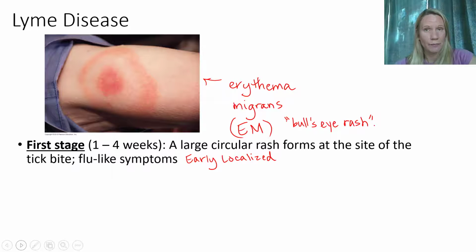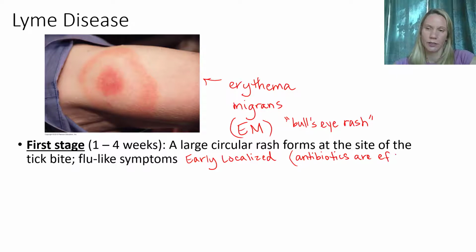If it does show up, this is a very characteristic rash, and this person needs immediate antibiotics. This is really the only time you can be treated effectively for Lyme disease. So antibiotics are effective at this stage.